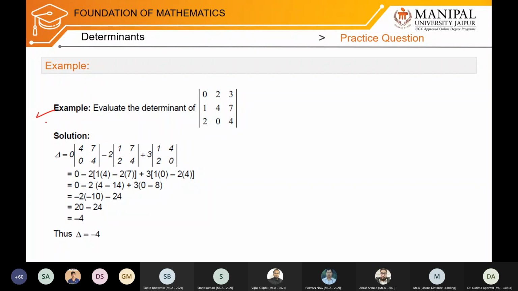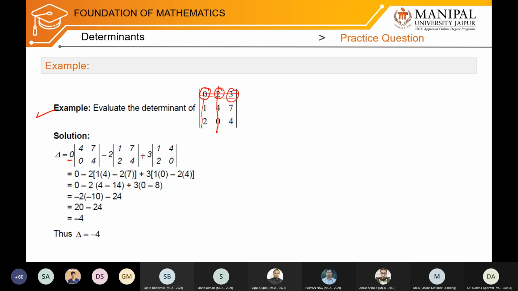Let's discuss one example based on the determinant. Here we need to evaluate the determinant for this matrix. First of all, we'll write this element 0. Then we hide the row and column in which 0 exists and write the remaining elements 4, 7, 0, 4 in determinant form. Then 2, with a negative sign, we hide its row and column and write the remaining 1, 7, 2, 4 in determinant form.